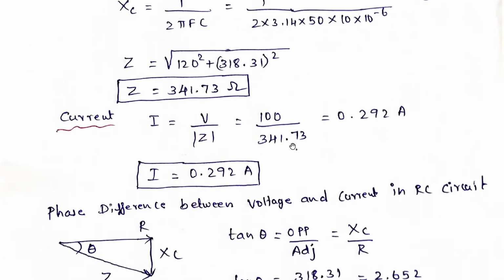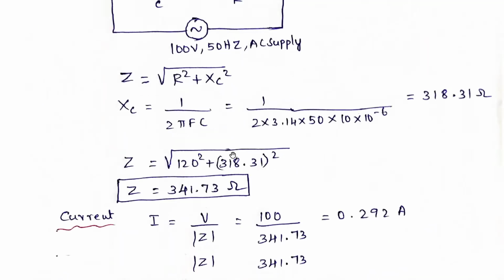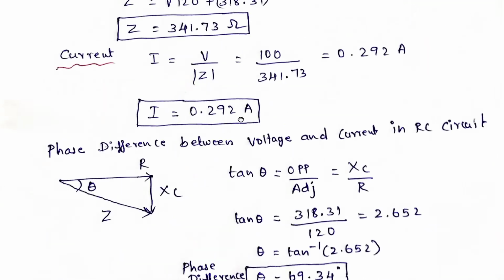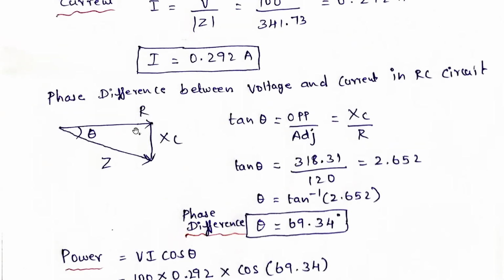After the current, we need to calculate the phase difference between the voltage and current in the RC circuit. In the impedance triangle, this side is R, the hypotenuse is Z, and this side is XC.